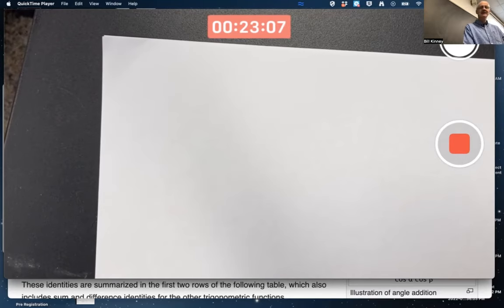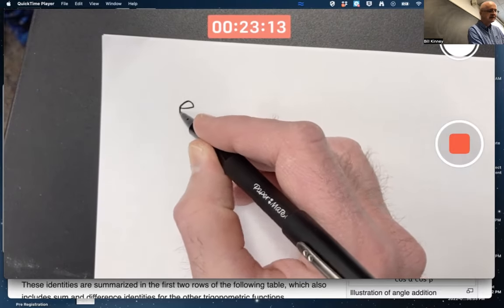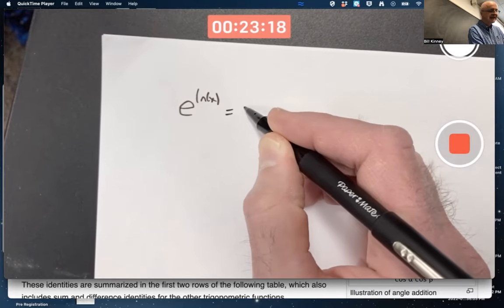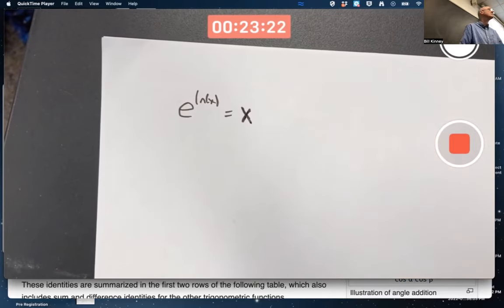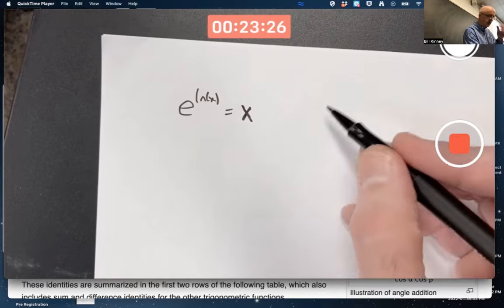What's the trick to derive the derivative of natural log of x? It's to take this equation, e to the ln of x equals x, and differentiate both sides with respect to x. That equation is true.